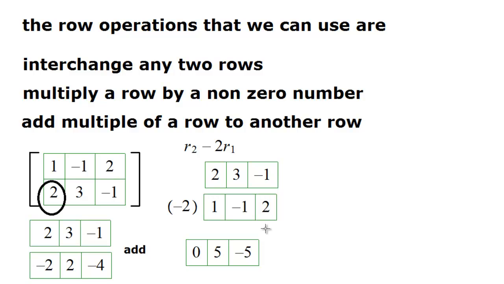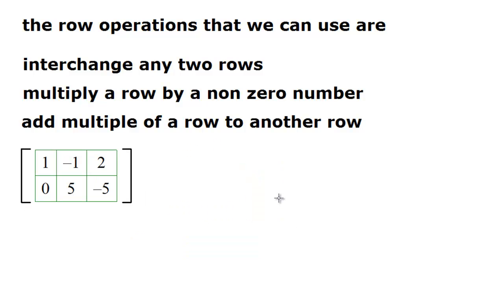So what we are going to do at this stage is replace this second row by these transformed values. Pardon my English here. So now our first column is in the desired form.